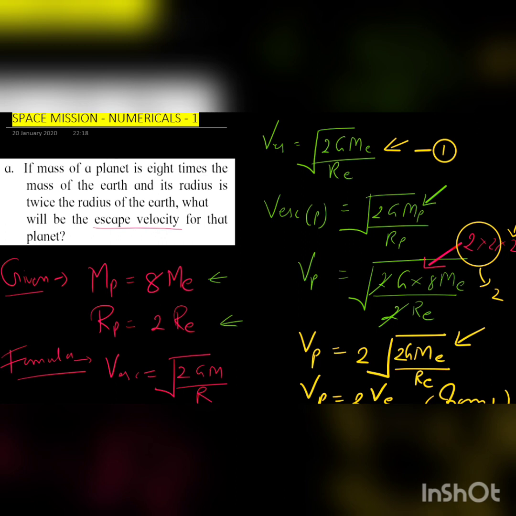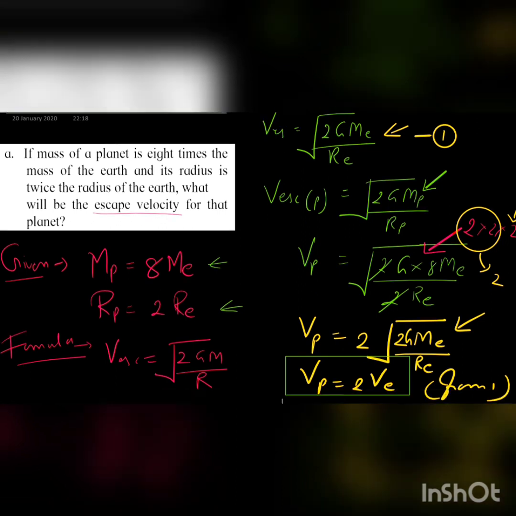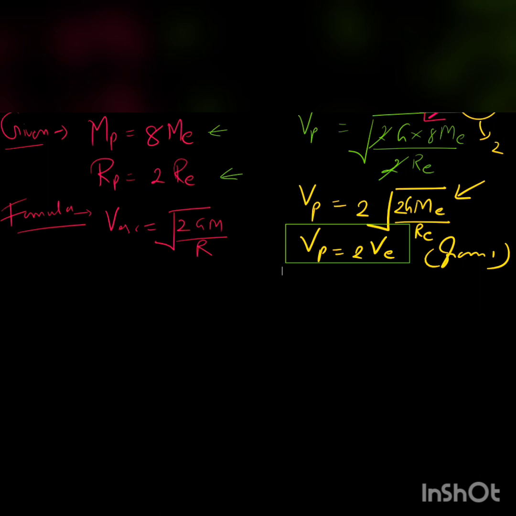This is an important thing which we got here: escape velocity for the planet is 2 times escape velocity for earth, right? And do we know what is the escape velocity for earth? Yes, we know.